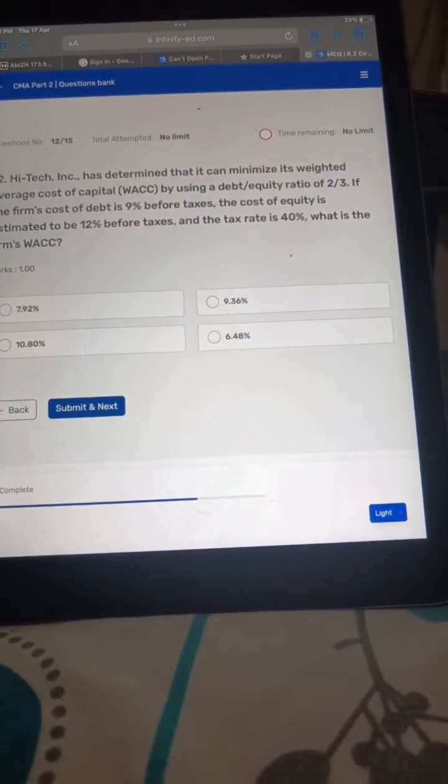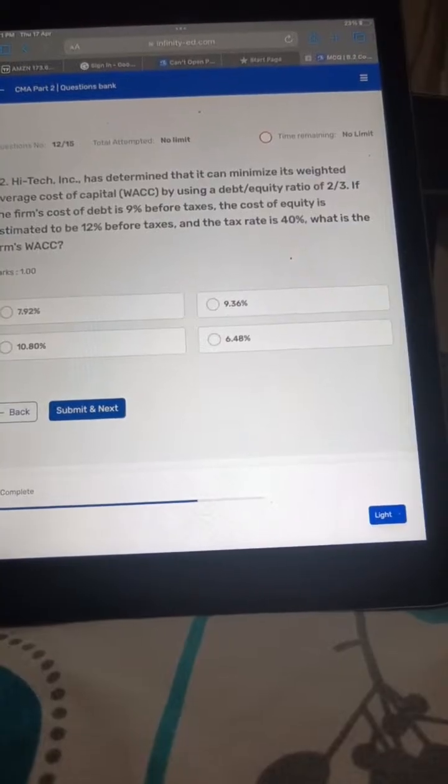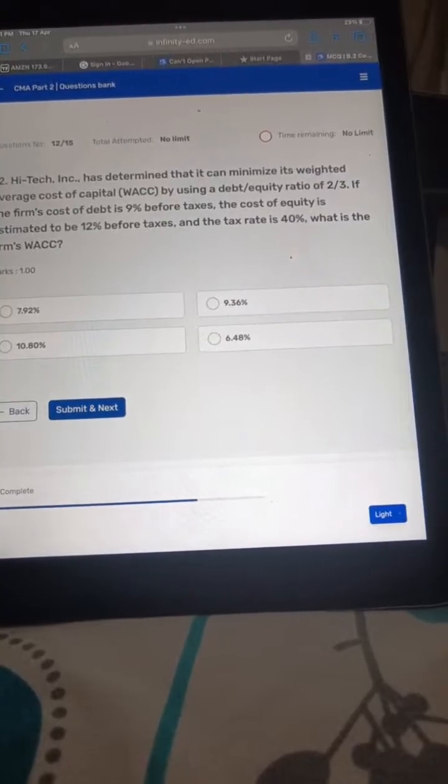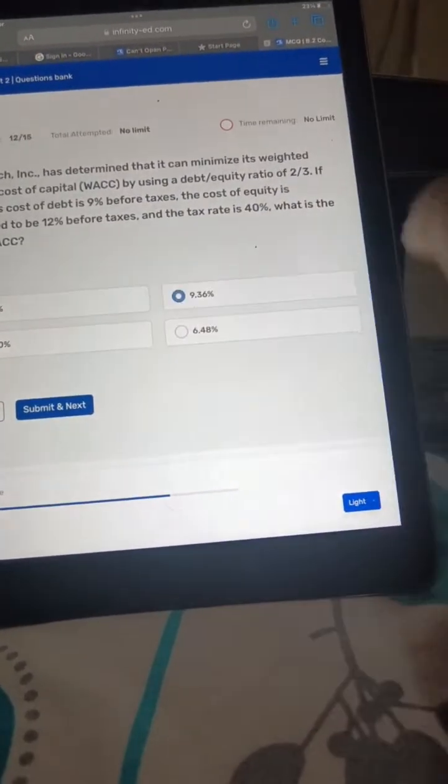And equity is 12%, 12 multiplied by 3 divided by 5 comes to 7.2, and the total is 9.36. 9.36, we already have the option.